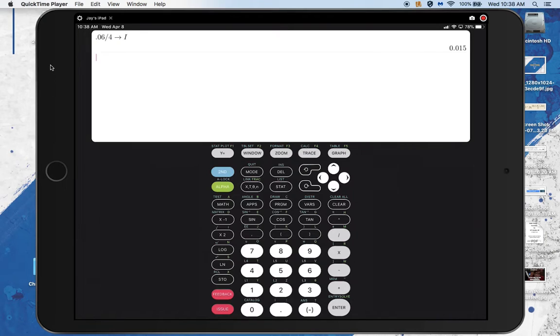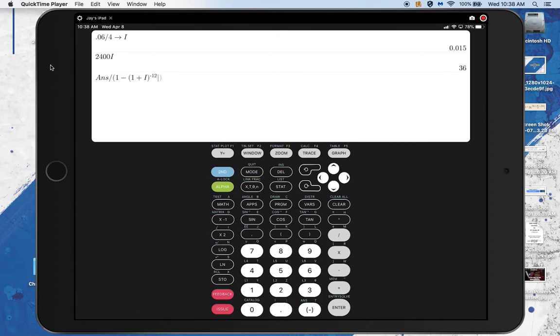I'm going to take 2,400 times I, and that's going to give me my numerator, and you'll see that's 36. Then I'm going to divide that result, and I've got to do 2 sets of parentheses here. I have to do 1 minus, and then open up another set of parentheses and do my 1 plus I. I'm going to close that first set, and then I'm going to hit the exponent key and make that a negative 12.